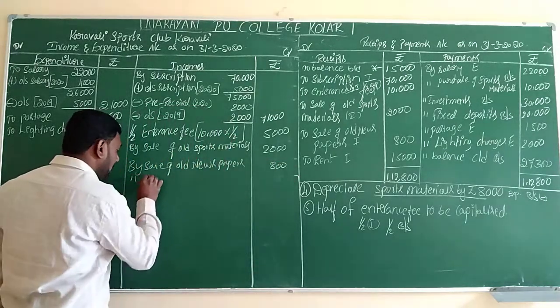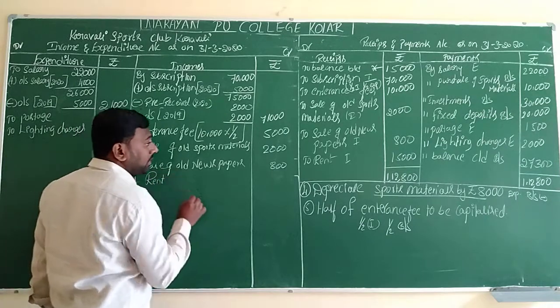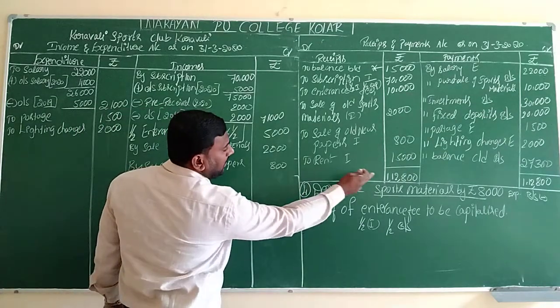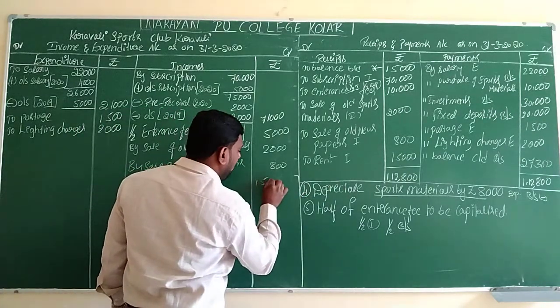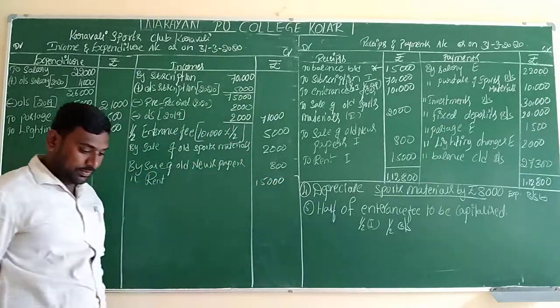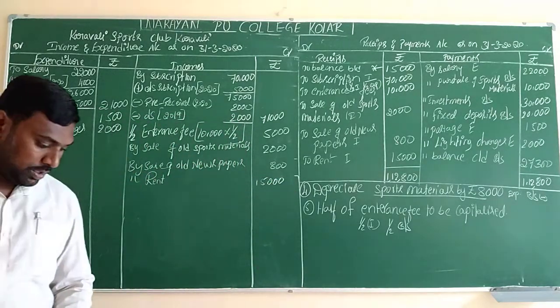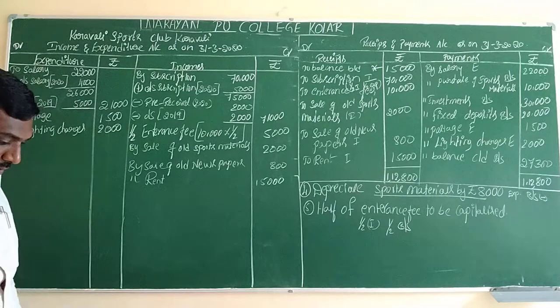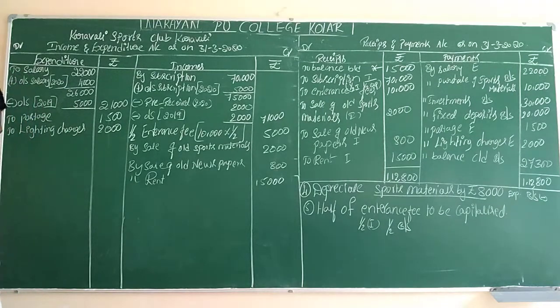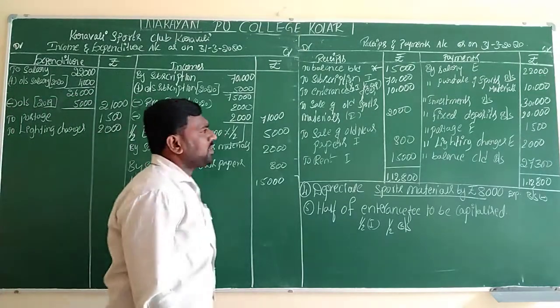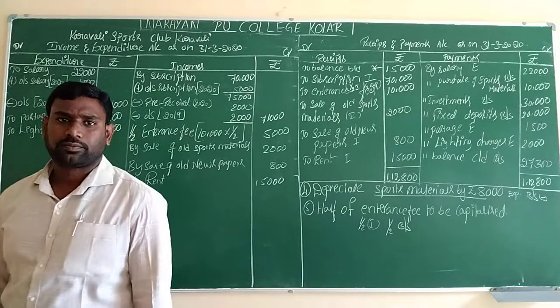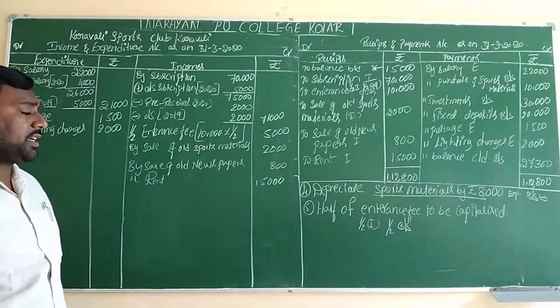After that, by rent, rupees 15,000. Rent is rupees 15,000. See, all the transactions we transferred here.